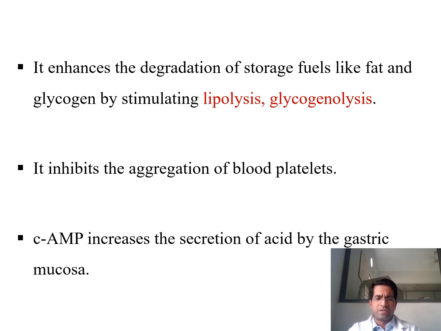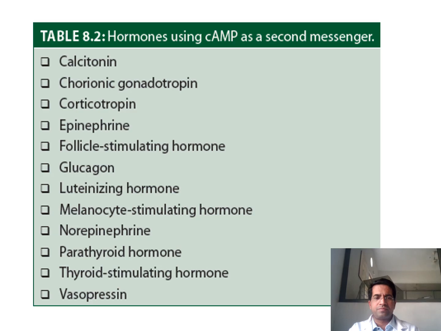It inhibits the aggregation of blood platelets. Cyclic AMP even increases the secretion of acid in the gastric mucosa. These are the other functions of cyclic AMP, other than acting as a second messenger.